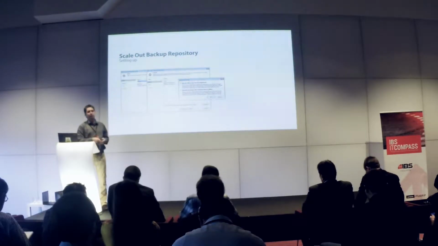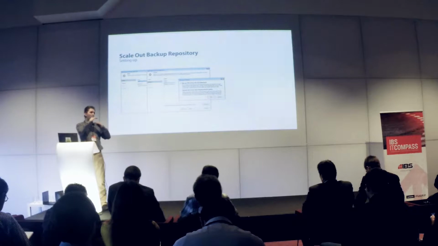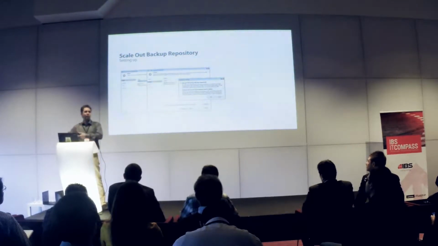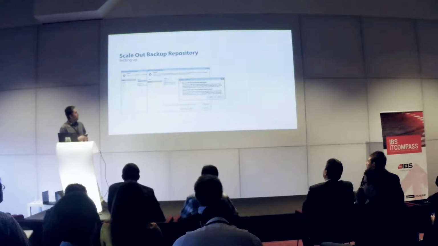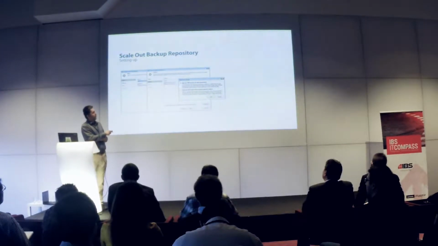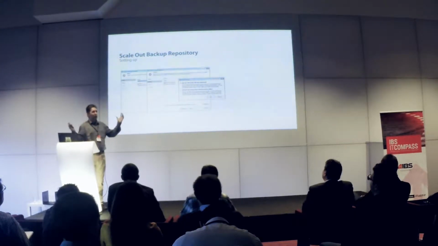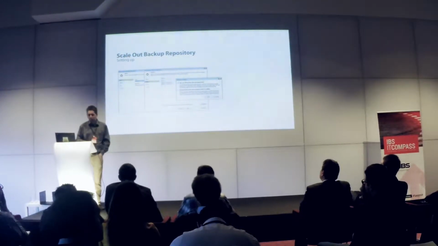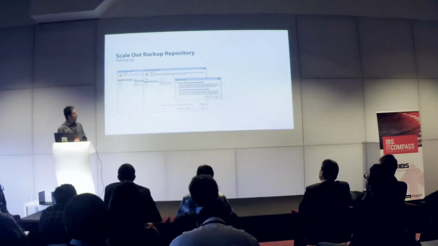Now in version 9, the default setting is changed. We will use per-VM backup files. So we will create one file for each VM that's in the backup job. That will help us speed up the performance for the restore operations. You have this option to use the version 8 per-job backup file, or now you have this option to use per-VM backup files.